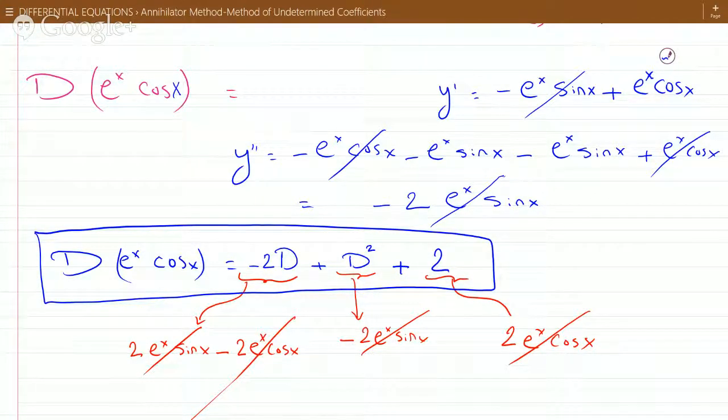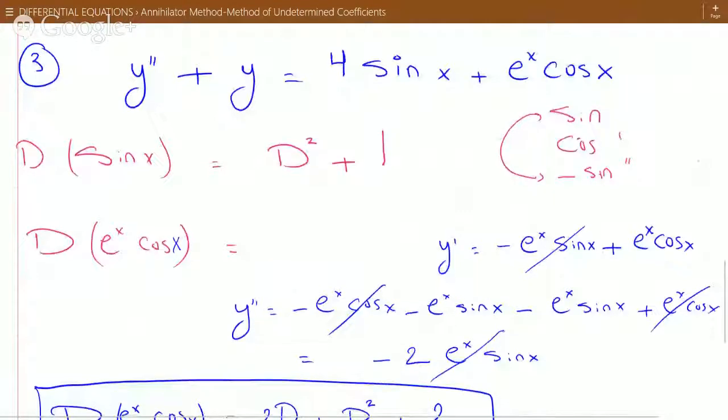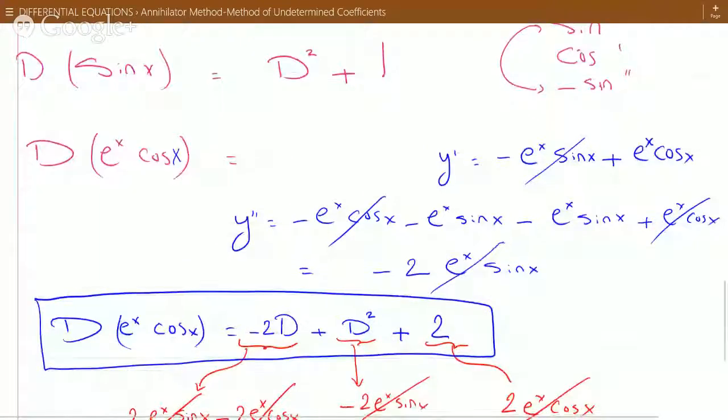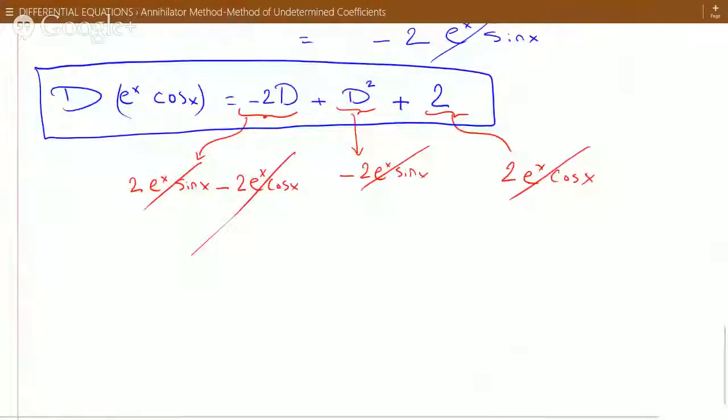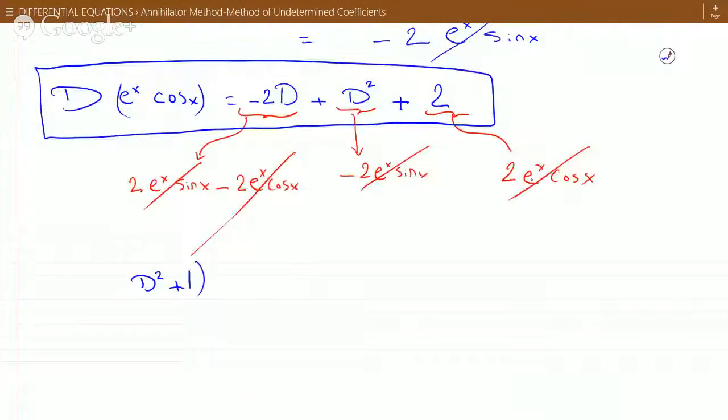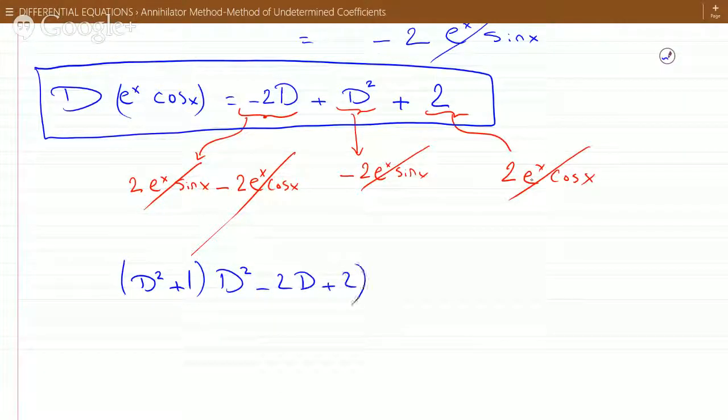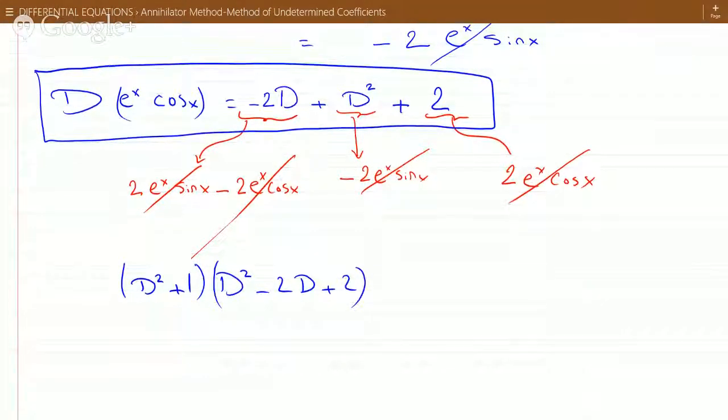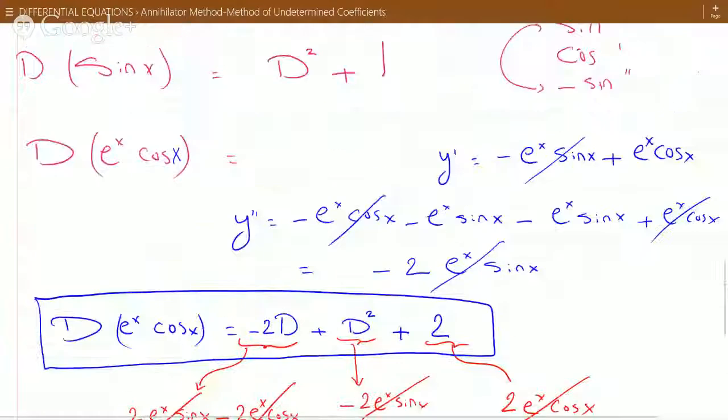Okay? So now, having said that, we've got D squared plus 1 originally, and here we've got D squared minus 2D plus 2, and we're going to apply this on the differential equation.